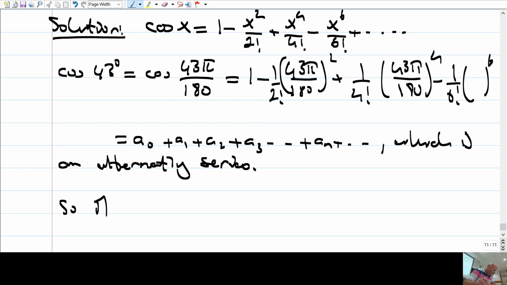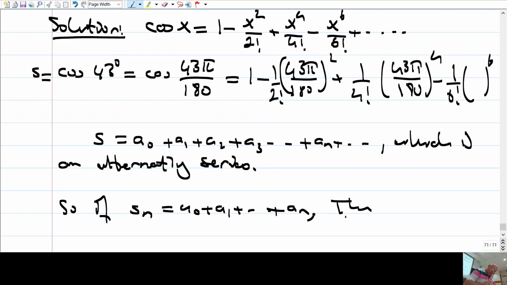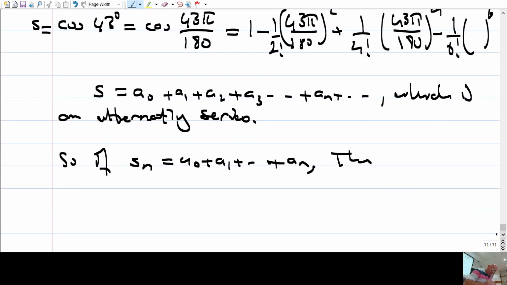So if S is this summation, and Sn is just the sum of the first n terms, up to an, then we know that S minus Sn is less than an plus 1, the n plus first term.